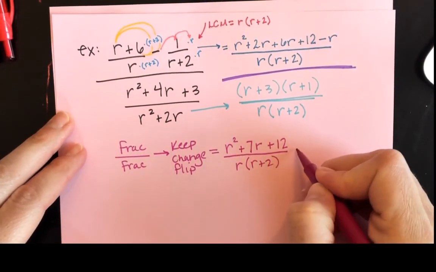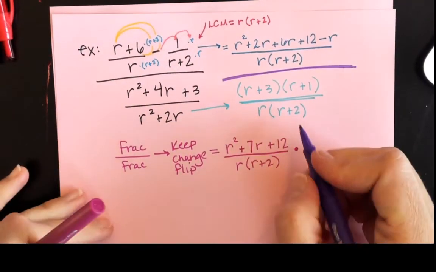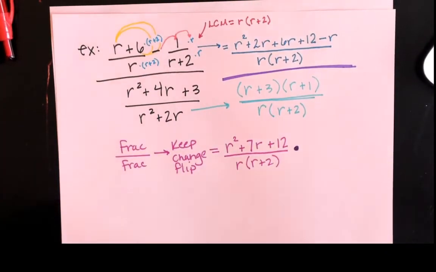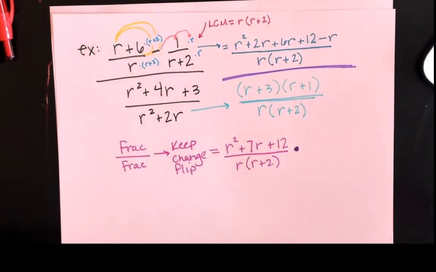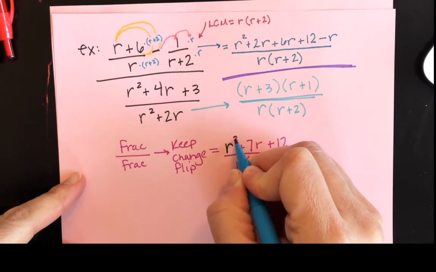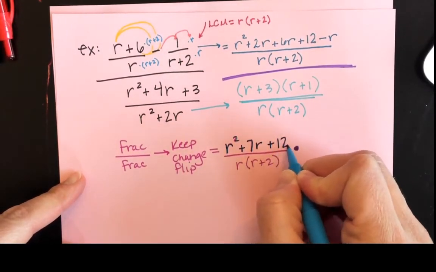Keep. We're going to change the sign. So now instead of division, we've got our multiplication. And then we're going to flip the bottom guy. And I am going to annoy some of you, and I apologize. I'm going to change these back to the colors that they were on top so they match.